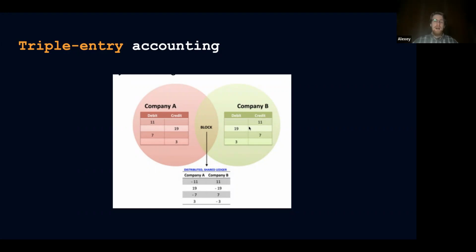So when they put these ledgers one next to each other, they see that Alice's account was debited by 11 units of money, and Bob's account was credited 11 units of money. And the same goes here, but vice versa, and the same goes for the rest of the entries as well.